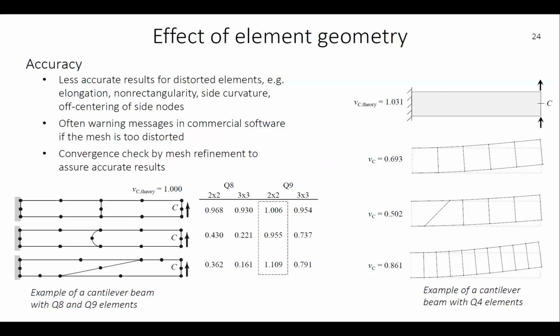So they have trigger values on how much an element can be distorted in order to be accepted. Sometimes you may still accept some distorted elements, because if you would like to improve the solution, maybe you will have too many elements and it will not be computationally efficient. So it's kind of a trade-off between having good enough accuracy of your solution and having an efficient analysis.